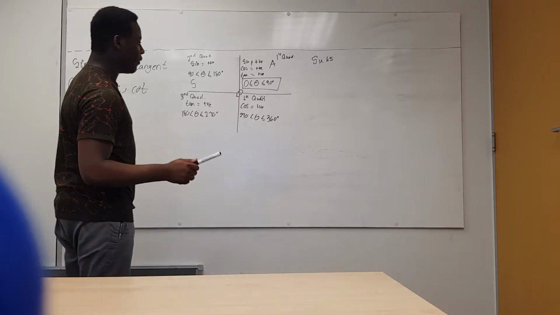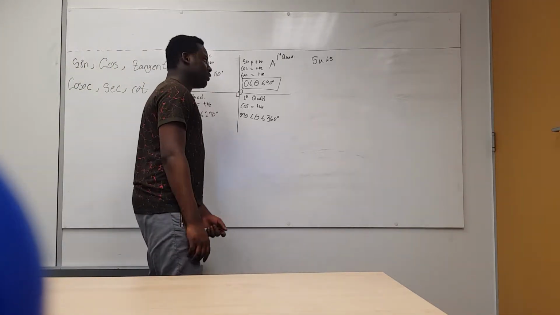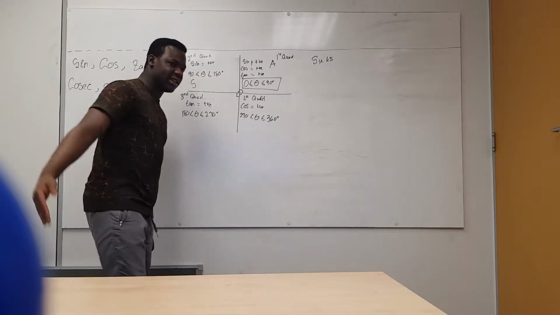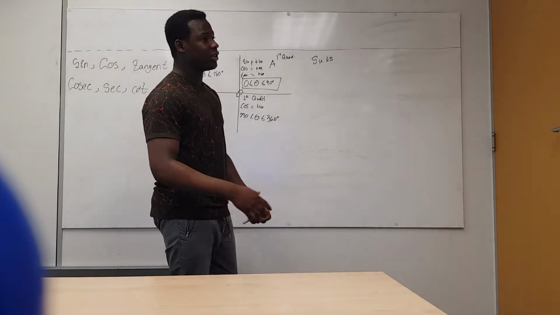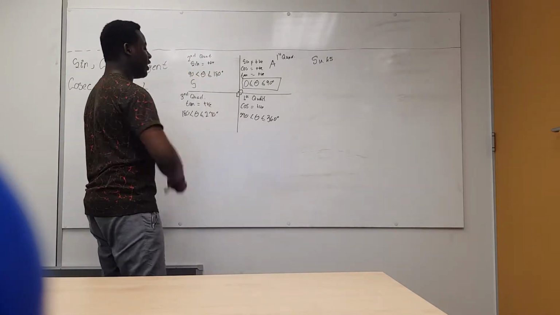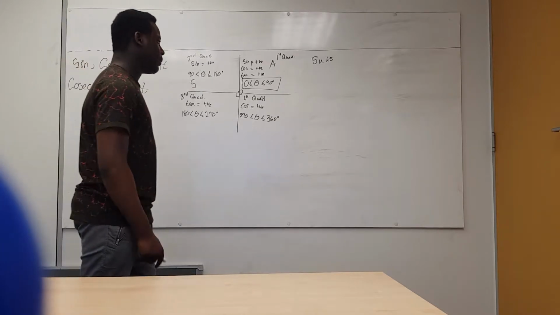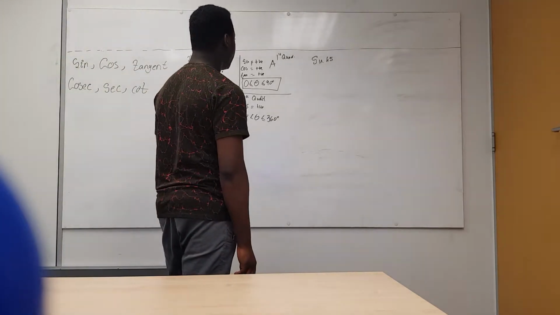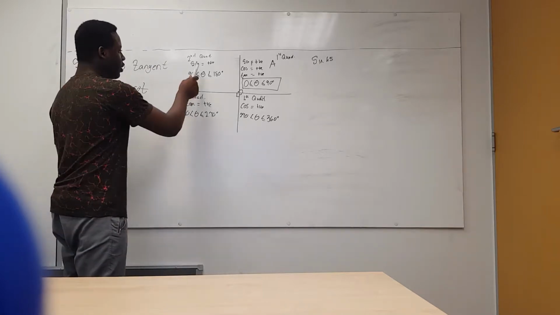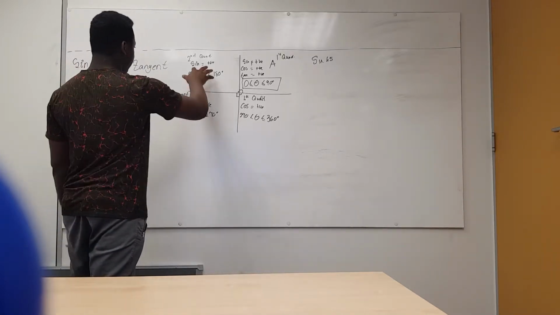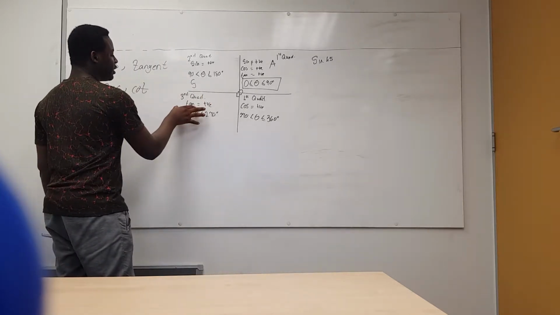But if we have sine of an angle greater than 90 degrees, like say 120, sine of 120 is positive. Anything in the second quadrant is positive for sine, but cosine of 120 degrees is going to be negative because only sine is positive there, leaving cosine and tangent negative. Only tangent is positive here.